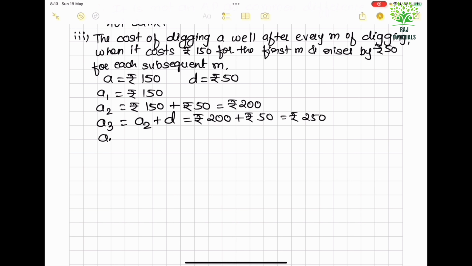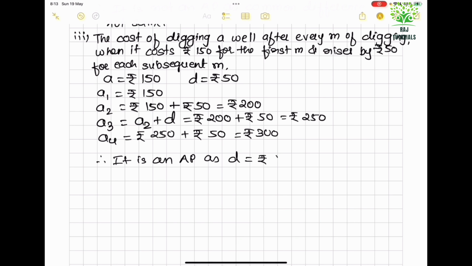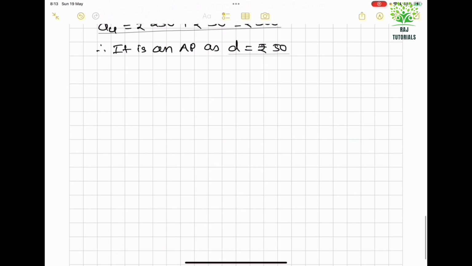Same way A4 will be rupees 250 plus rupees 50, so that is rupees 300. Therefore it is an AP as D is rupees 50. Always D is coming 50, so it is an AP.